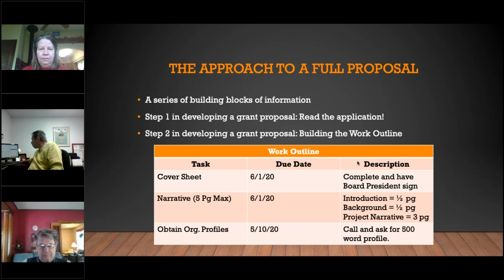You want to create a task and due date for every single item that you need to develop for your grant, and set deadlines. When applying for grants, you want to try to get your grant proposal in 2 weeks before the deadline. I know that's not always possible, but if you get it in that early and you might have forgotten something, that might give the grant reader a chance to contact you and say, hey, we got your grant, but we missed the budget summary.